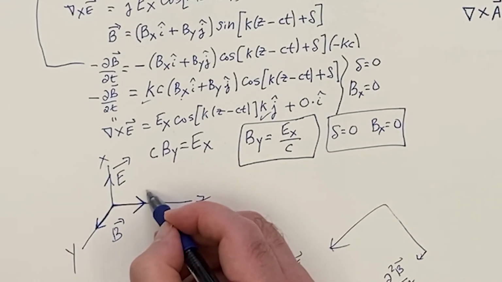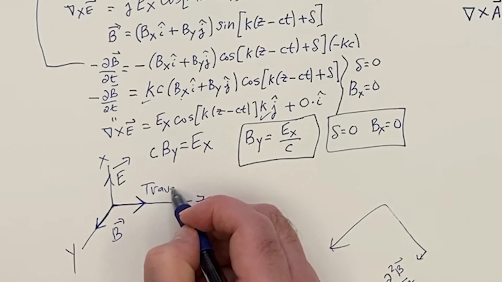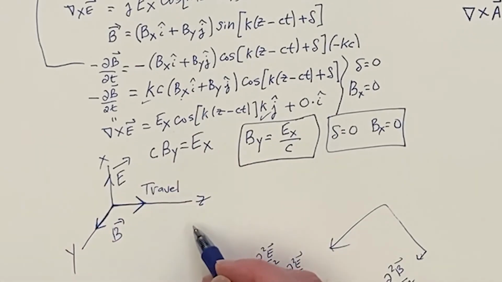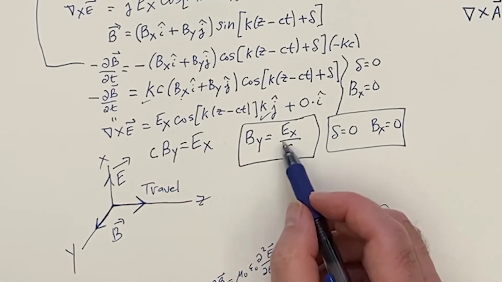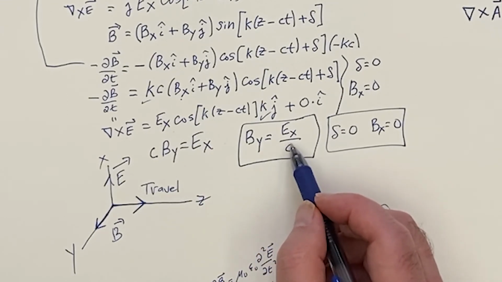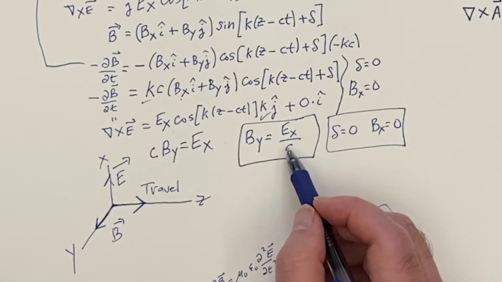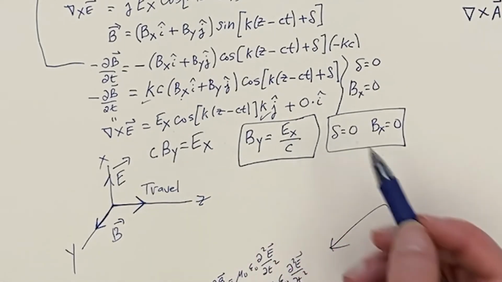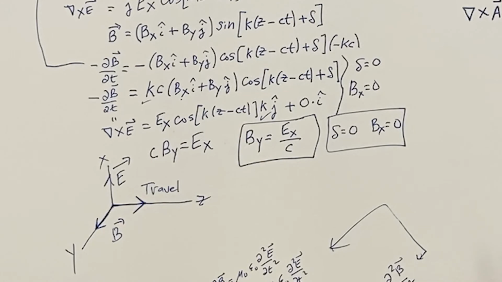This is the travel direction. So we travel this way. And notice that the magnetic field is suppressed in terms of the speed of light being very large. So that's interesting also.